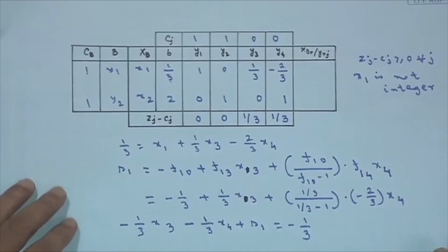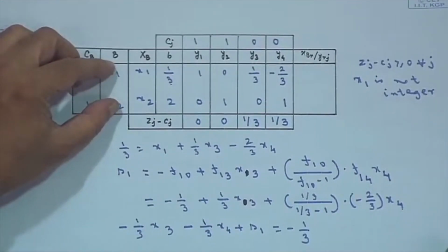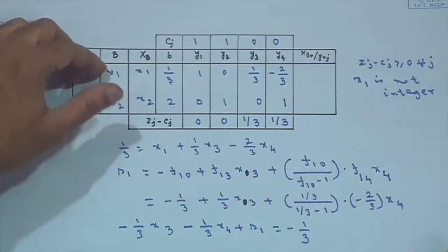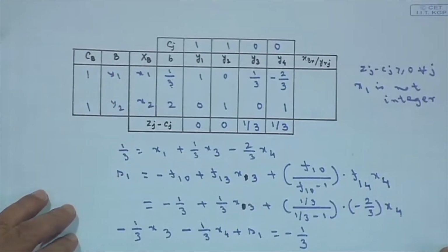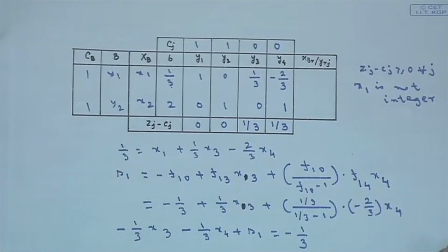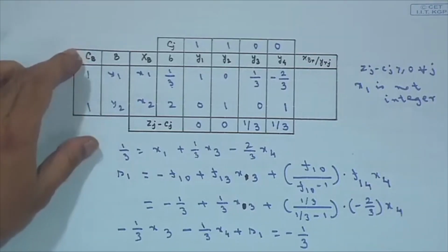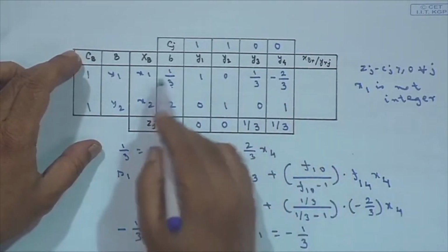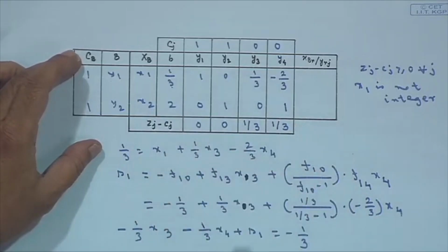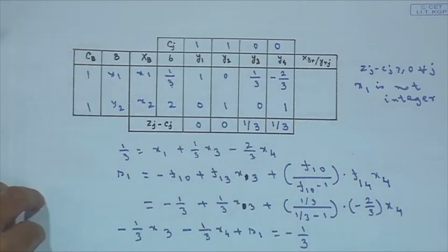Now, on this particular table, you have to add one more row where S1 will be entering the basis. Once S1 enters the basis, the previous rows will remain as they are, only this row will enter and one more variable S1 will come.